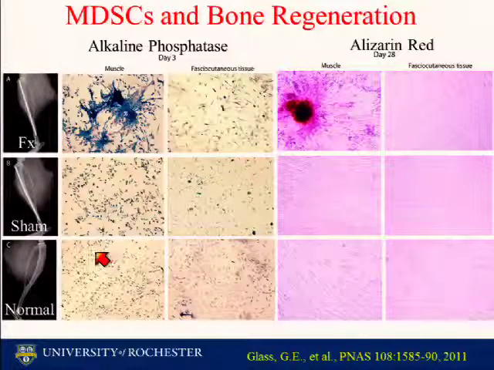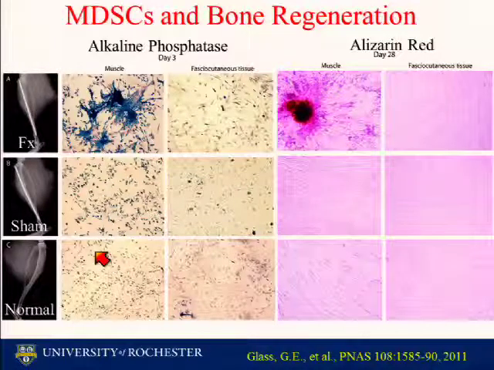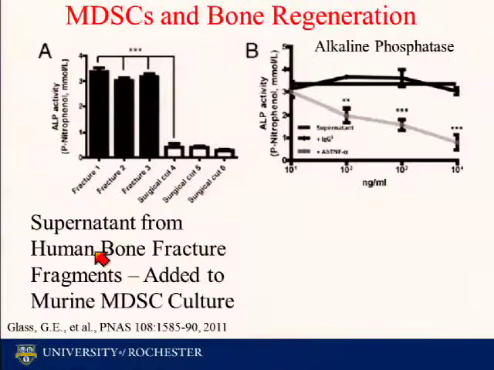They took supernatant from human bone fractures, and in co-cultures with the murine muscle-derived stem cells, they showed, in fact, that these bone fragments from fractured human bone could drive the process. But when they did it in the absence of fracture with control, they weren't able to see this.